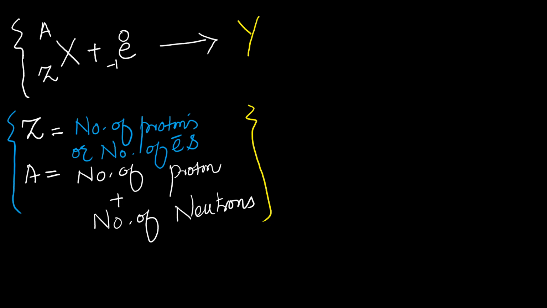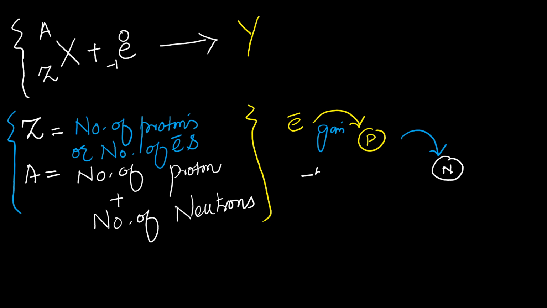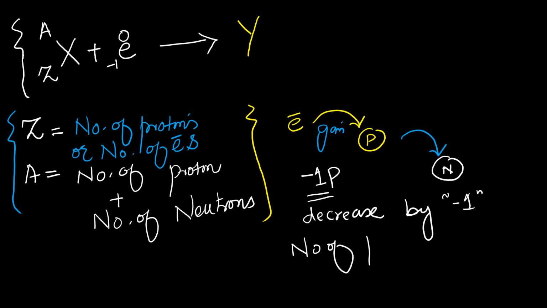The electron is gained by a proton of the parent atom, and when the proton gains an electron, the proton is converted into a neutron. So this means that the number of protons is decreased by 1, and you know that the number of protons is represented by the atomic number.